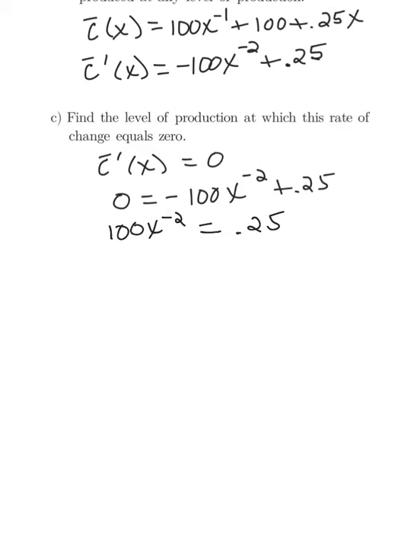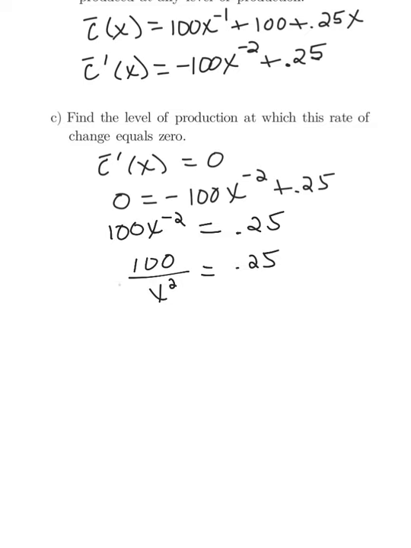What's going to help you see how to solve this is to take that term on the left side and give it a positive exponent. So we're going to rewrite that as 100 over x squared equals 0.25. Now, how would you solve that equation for the x? Well, first of all, you've got to get it out of the denominator.